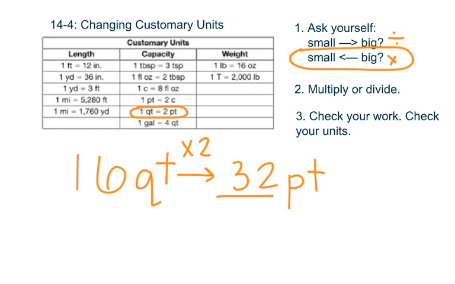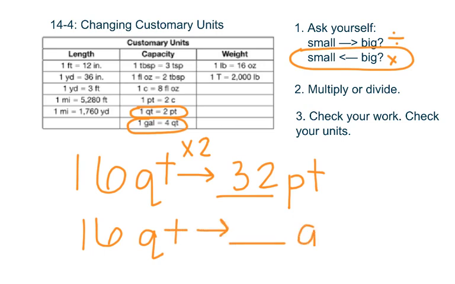Now, to help us understand how some of these capacity units work, I'm actually going to use the same starting point, 16 quarts, and this time around I'm going to change it into gallons. So I'm no longer going to be multiplying, instead I'm going to be dividing because I'm going from a smaller unit to a bigger unit.